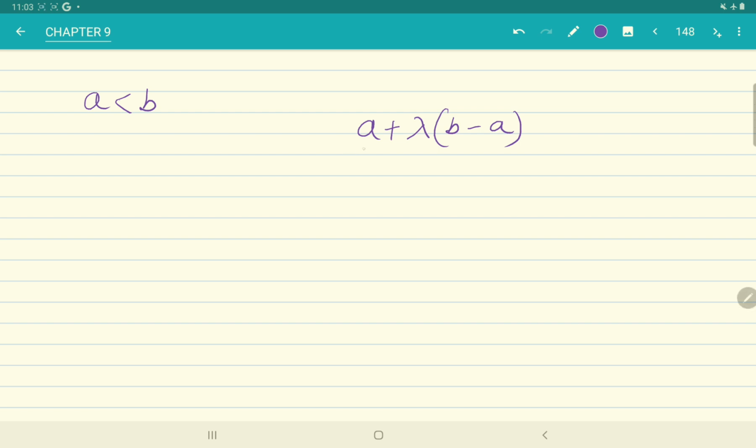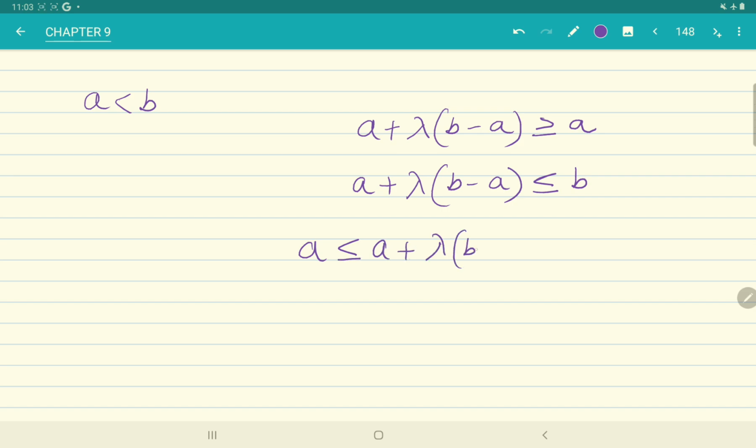That means this expression is greater than or equal to a, equal to a if lambda is 0. And this expression is less than or equal to b, because the maximum value of lambda is 1, and then we have b. So a is less than or equal to a plus lambda (b minus a), which is less than or equal to b.